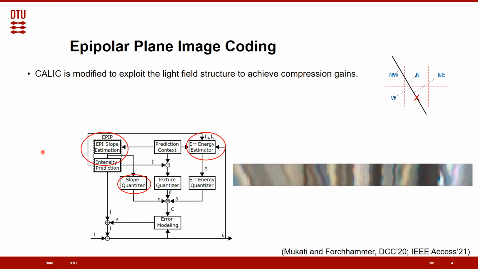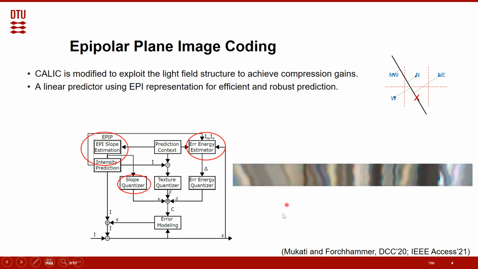I'll not go into detail, but basically we tried to utilize the structures in the epipolar plane images. We have one example here, and part of the structures are these lines reflecting depths in the image scene.